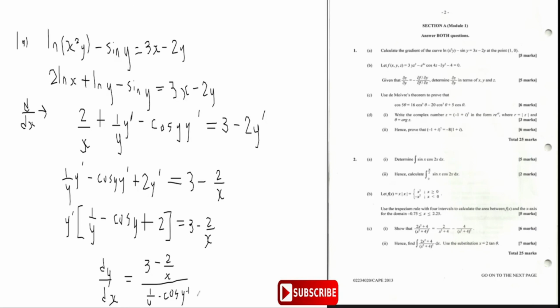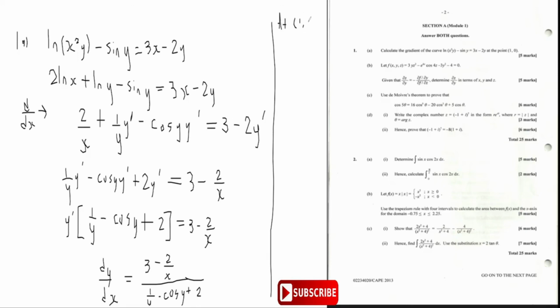Nice. But we have to remember what the question asked us. The question asked us for dy by dx when x is 1 and y is 0. So we need to find dy by dx at the point (1, 0).